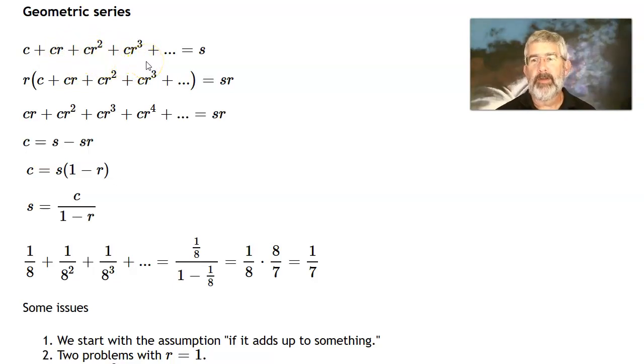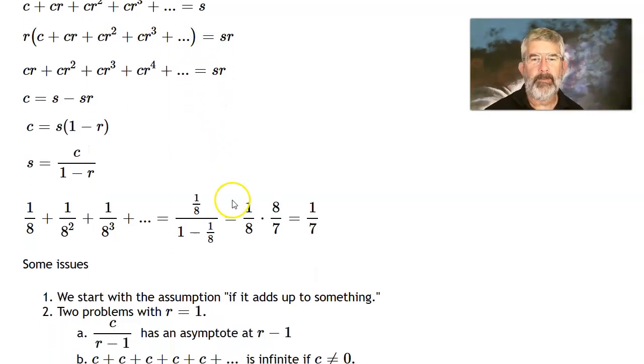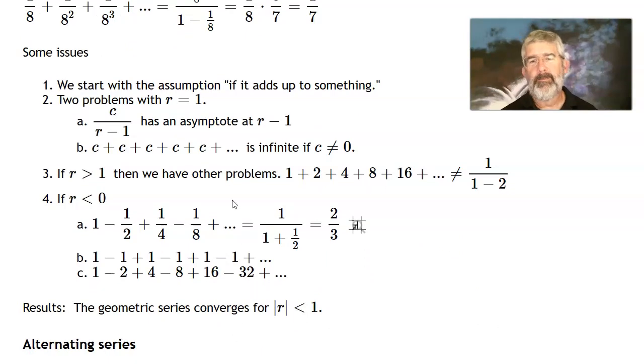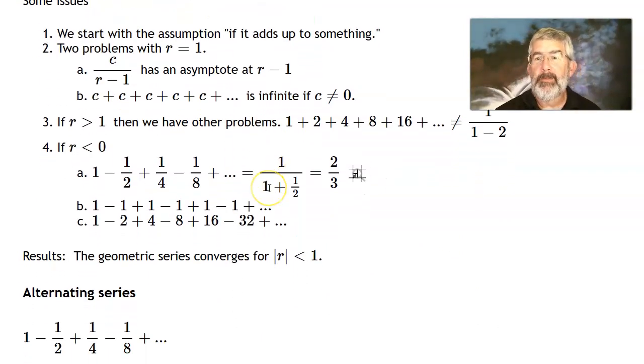If I multiply by a small number between 0 and 1, I get a smaller result. And the absolute value of r being less than 1 means I can use negative numbers too. So I might have alternating plus or minus signs here, but the magnitude of each term would be getting smaller and smaller. Once you get r bigger than 1, then each term is getting bigger and bigger, and the series diverges.